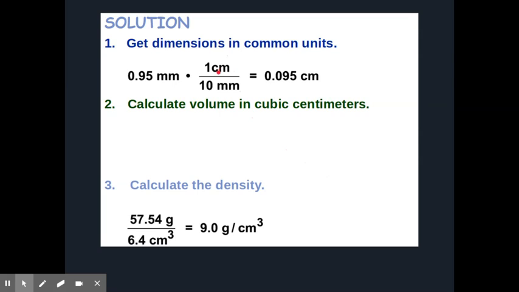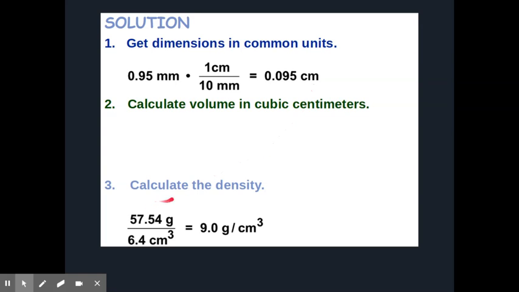So 1 centimeter is 10 millimeters. We're using dimensional analysis here, which we haven't talked about just yet, but we will. So in this case, you're dividing by 10. So the decimal gets moved over one, which is how we went from milli to centi. Move the decimal over, remember? So now we've got centimeters.